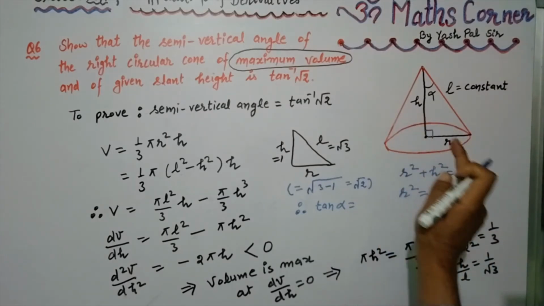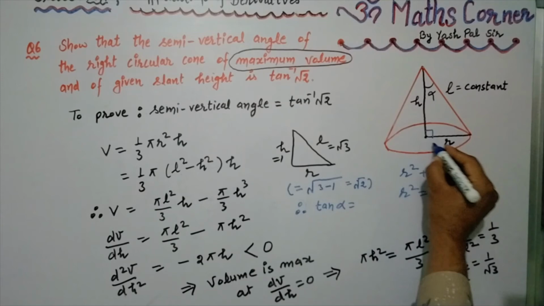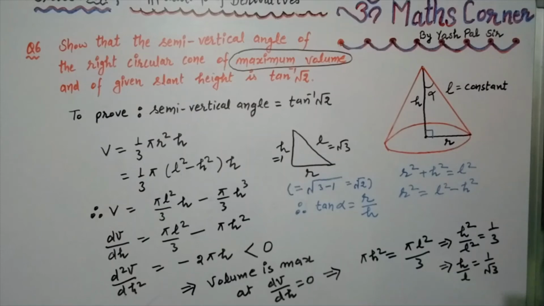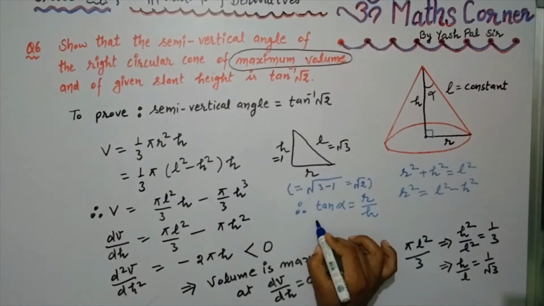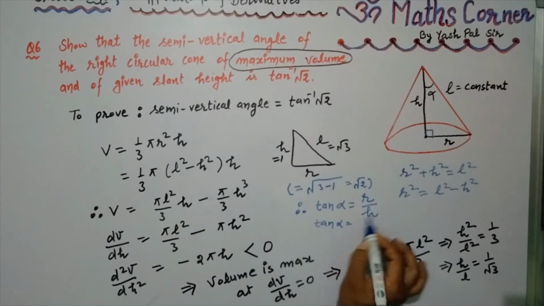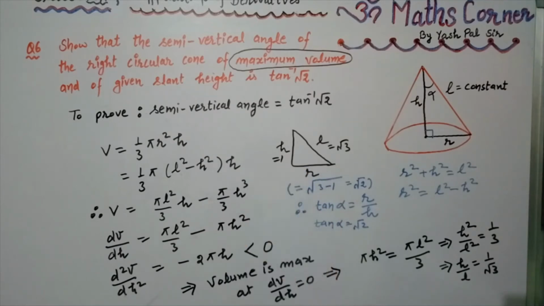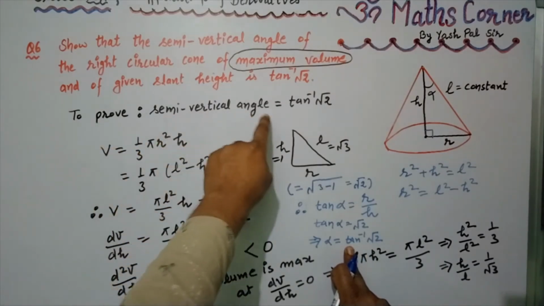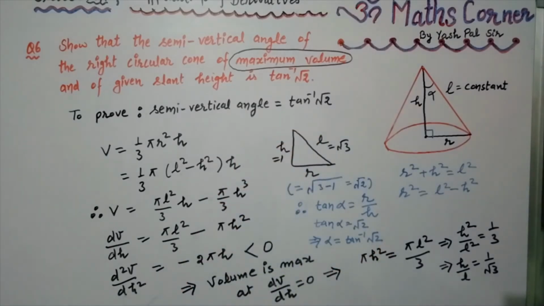Now for tangent alpha, it is equal to perpendicular upon base. Perpendicular is R and base is h. So tangent alpha, R is square root 2 and h is 1. So from here we conclude alpha is equal to tangent inverse square root 2.